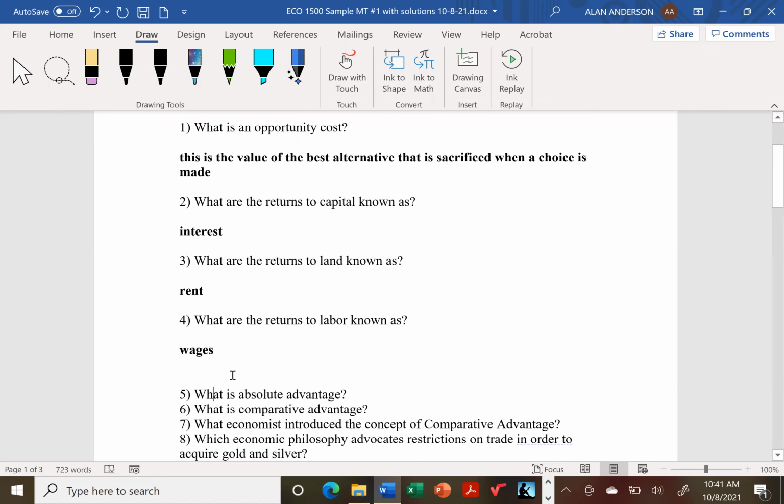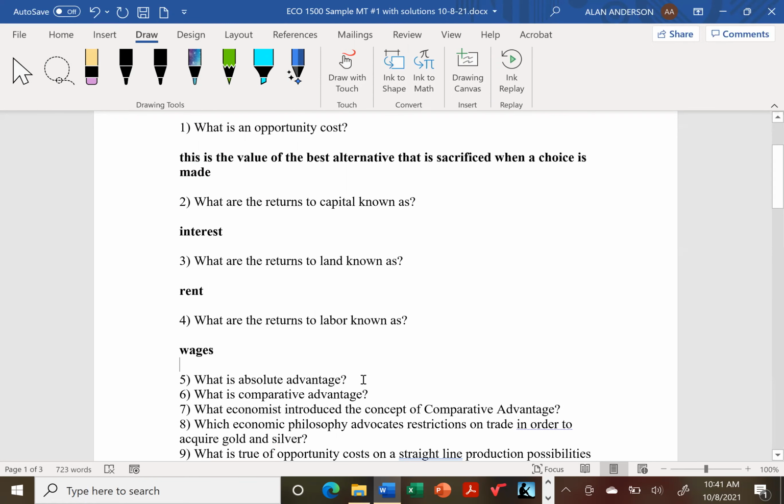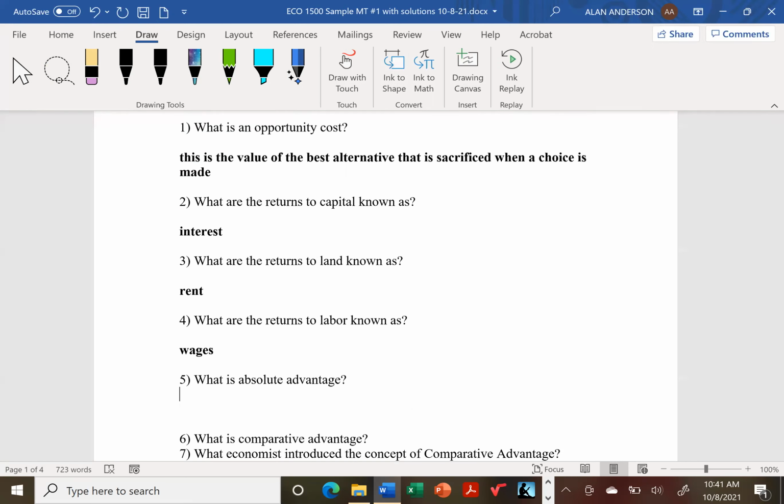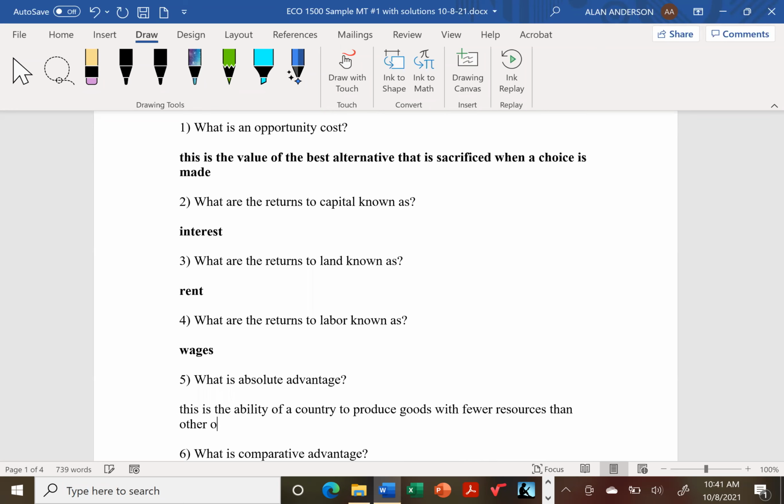Now, absolute advantage. What exactly is absolute advantage? Now remember, this refers to international trade. This is the ability of a country to produce goods with fewer resources than other countries.